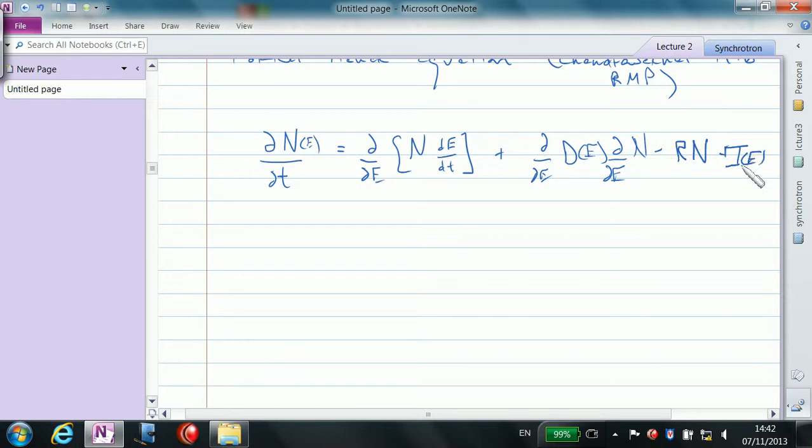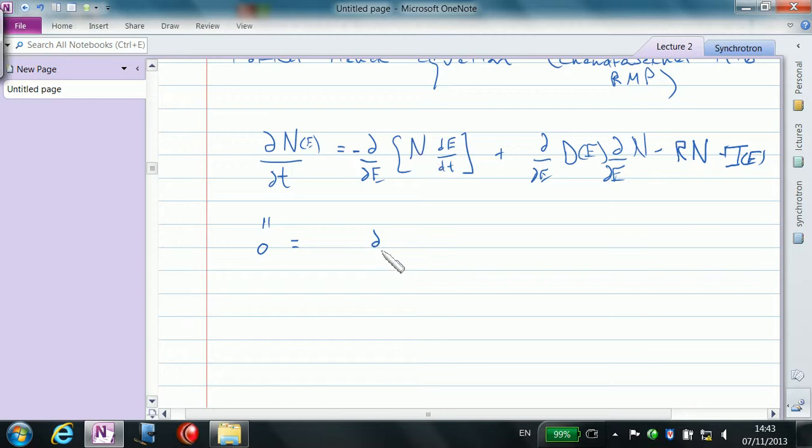What is this term again? The injection term. It's just a source term. You're just adding new electrons or whatever. So even if I solve this in steady state, by the way, there's a minus here, because if they're being accelerated forward and n has a positive derivative, then it decreases, because with time you see the stuff that was at lower energy, which is less if dN/dE is positive.